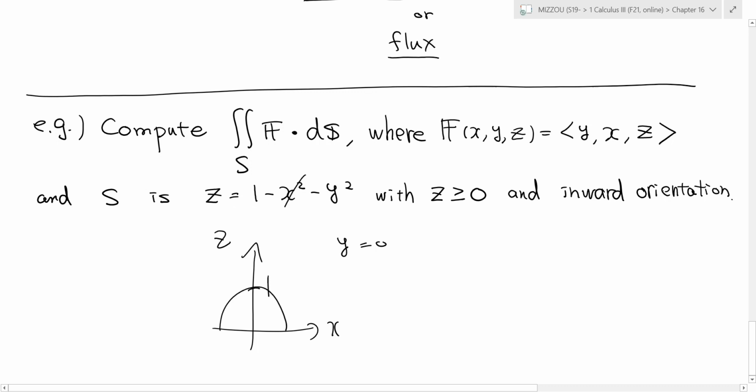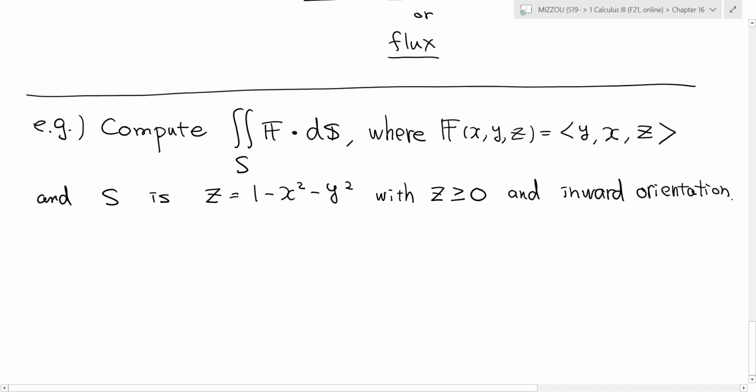If you switch x and y, you get the same picture on the yz plane. So this is a rotated parabola, or paraboloid, z equals 1 minus x squared, opening downward with vertex 1.